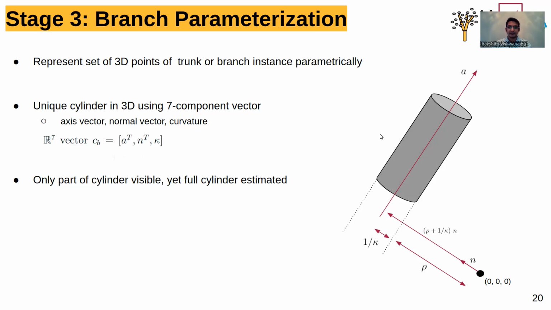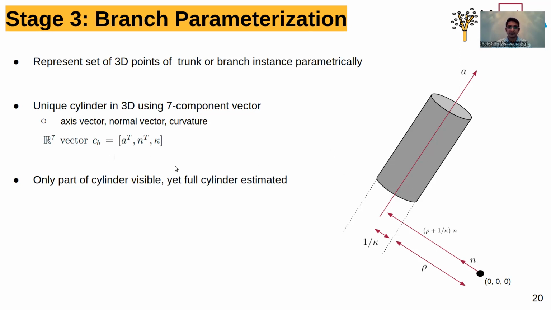The axis vector, which has 3 components, represents the orientation of the cylinder. The normal vector, which again has 3 components, represents where in 3D space this cylinder is located. And the normal vector is drawn from the origin all the way to the axis vector such that it's perpendicular to the axis vector.